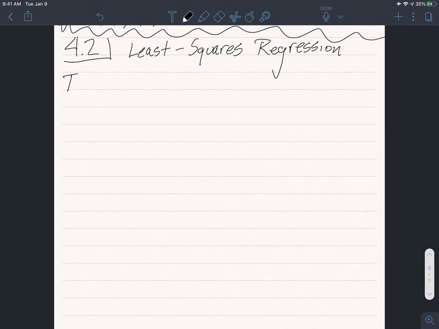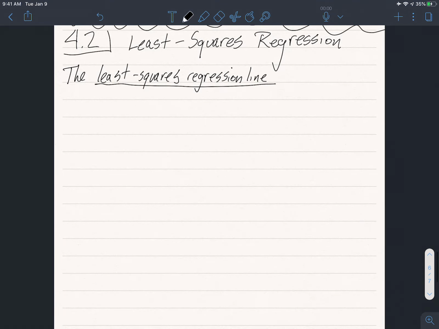Let me give the definition first. The least squares regression line is the line that minimizes the sum of the squared residuals.